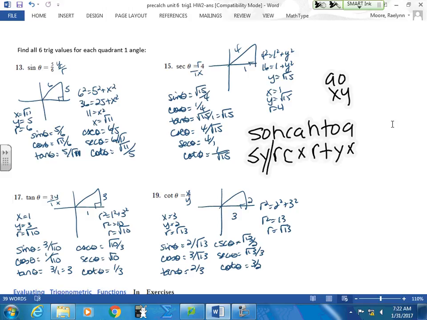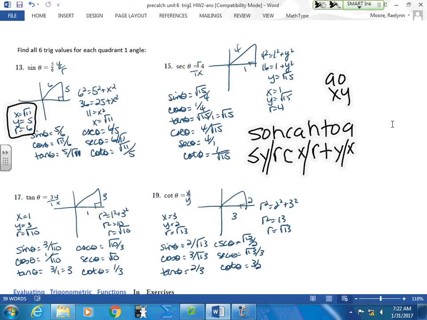Get used to seeing sine is y over r, cosine is x over r, tangent is y over x. Make this little information box. Easiest way to do this. And from there, you can do all your parts. Reduce your radicals. Reduce your fractions. If it's easier, reduce it first when you get it into your information box.